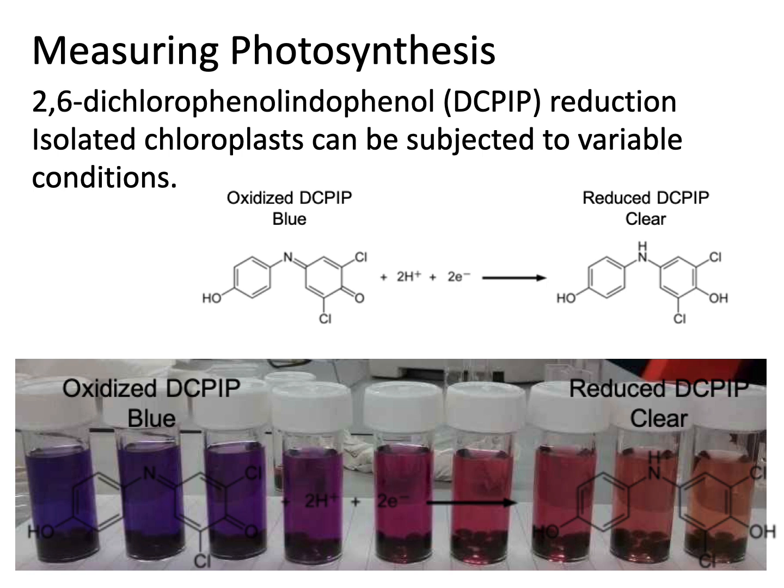So normally chloroplasts are freed up by homogenization and filtration and then put into a solution that includes this reagent, and then the reagent will change color, so it's colorimetric, based on how much photosynthesis there is, right? And we're using the production of hydrogen ions and electrons as a proxy for the amount of photosynthesis that is occurring.